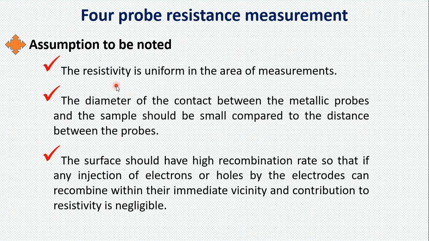The third is that the surface should have a high recombination rate. Any injection of electrons or holes by the electrodes can recombine within their immediate vicinity, and their contribution to the resistivity is negligible. These three assumptions we have to follow.